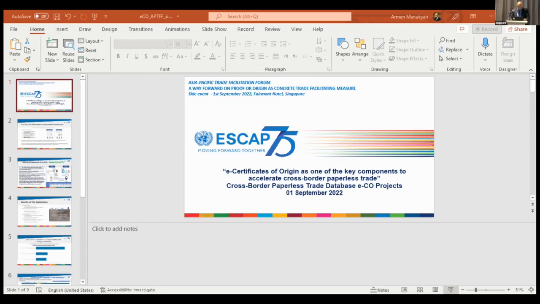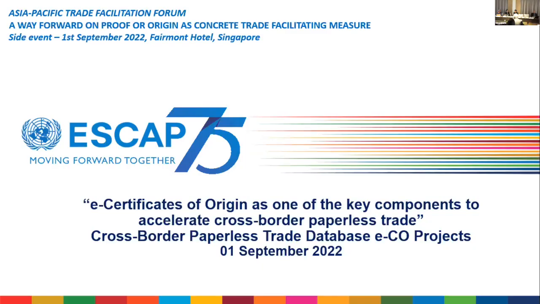And since you are the speaker who is going to introduce all the different systems, I suggest that we hear first from our colleague from UNESCAP, because he is going to present something about the e-certificates and the different developments, different projects by UNESCAP, before we go into the more general picture of all the different systems. So thank you very much. Yes, now it's time to hear from our colleague from UNESCAP, moving to the next session, more specific proof of origin. So Armen, the floor is yours.